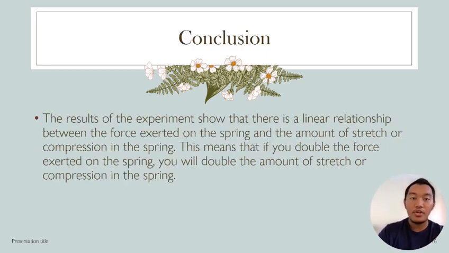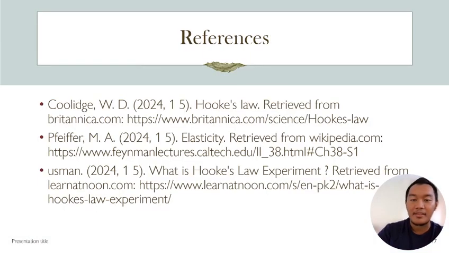So, in conclusion, the result of the experiment shows that there is a linear relationship between the force exerted on the spring and the amount of stretch or compression in the spring. This means that if you double the force exerted on the spring, you will double the amount of stretch or compression in the spring.